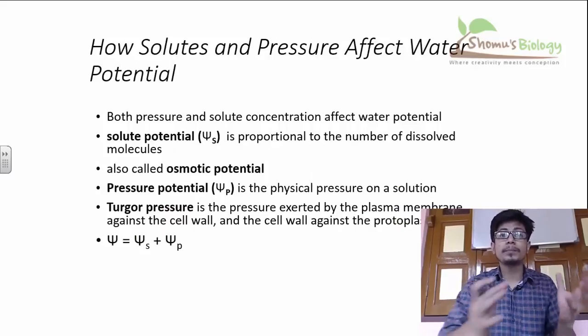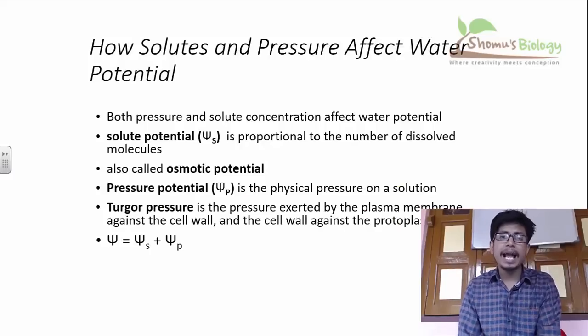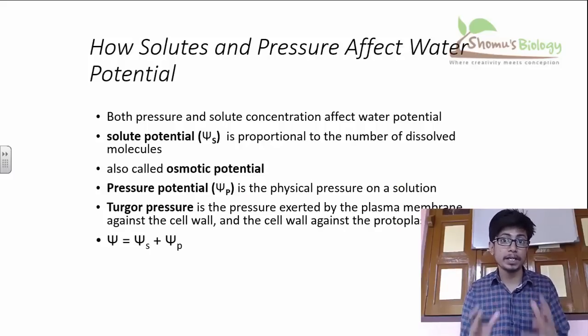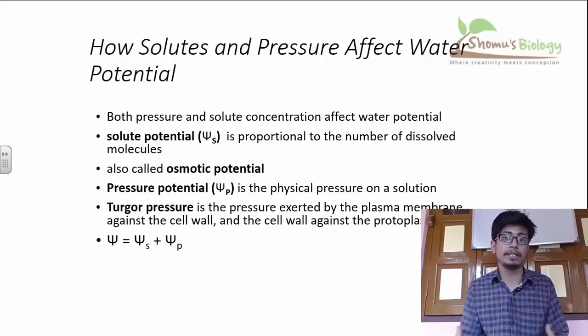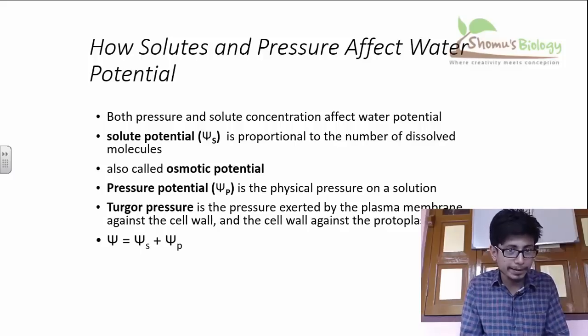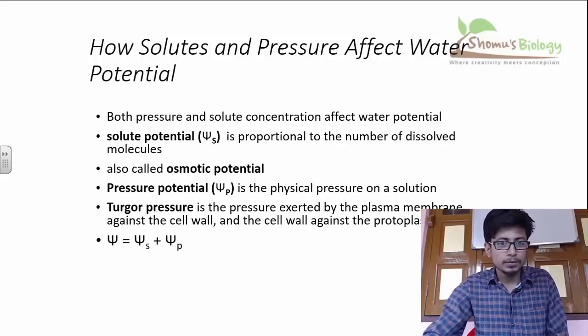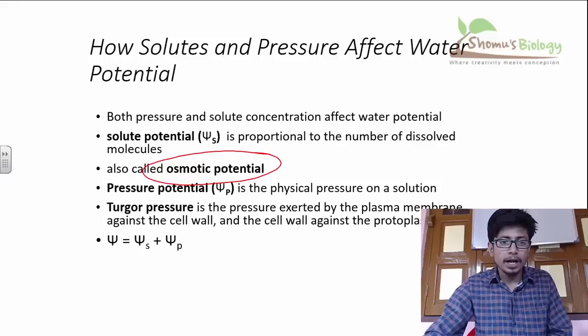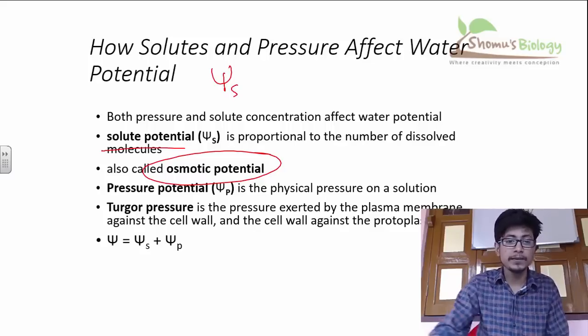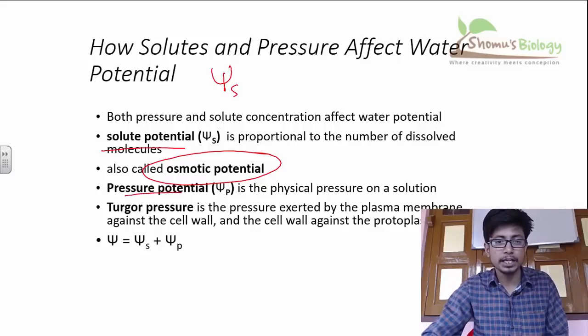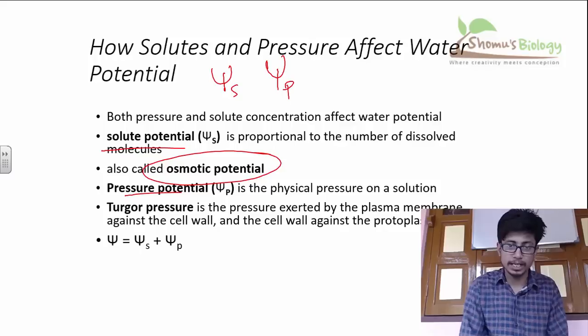Now, how do solutes and pressure affect the water potential? Actually, water potential is the measurement of pressure created by the water. So obviously, if there is more solute, more pressure will be created, right? We also call it osmotic potential. And there are different names, like solute potential, which is known as psi subscript s, and pressure potential, as psi subscript p.